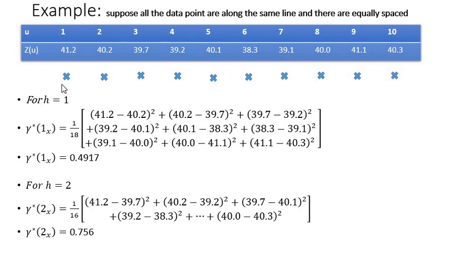Let's say these points represent boreholes, and these 10 boreholes are in the same line as shown in that example. Note that this type of data set is in a regular form, so it makes life easy for us to compute the variogram.